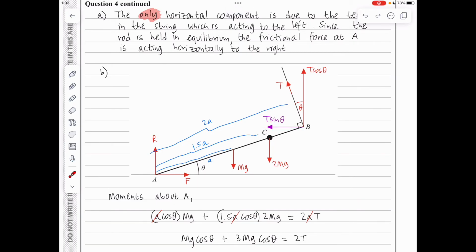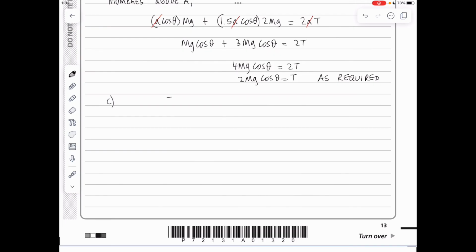I can equate the vertical forces: T cos theta plus R is equal to mg plus 2mg. Now we will be replacing T with 2mg cos theta, which we found in part B. So we have 2mg cos theta times cos theta plus R is equal to 3mg.